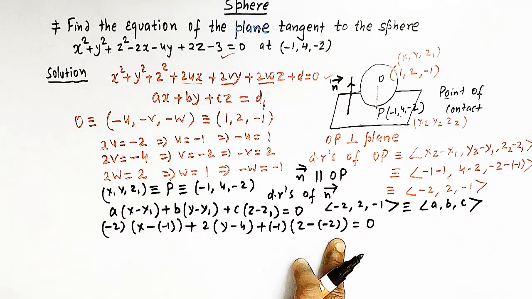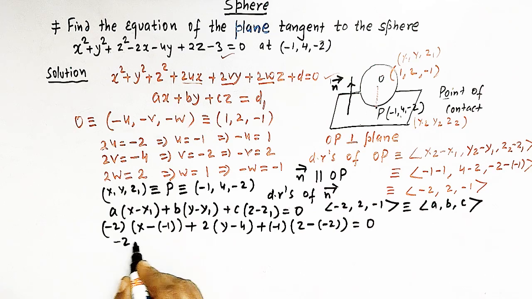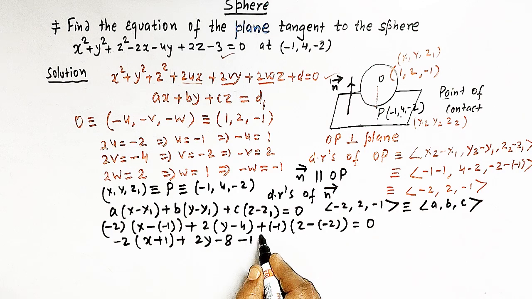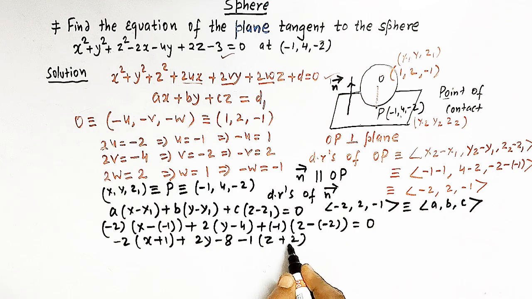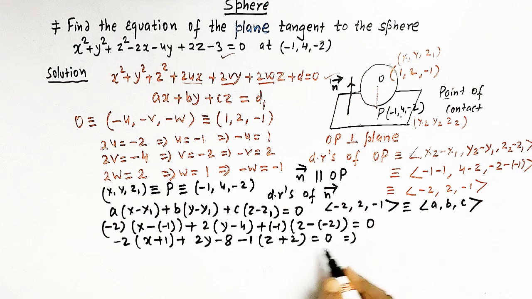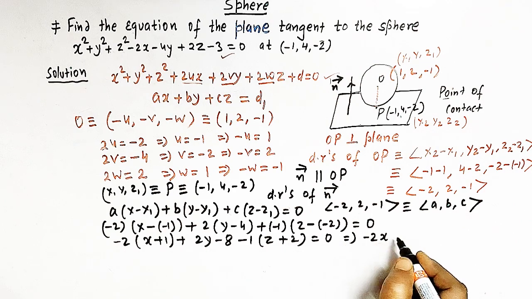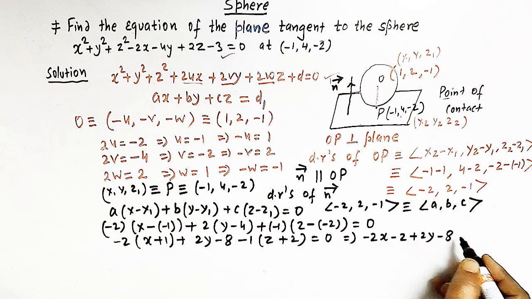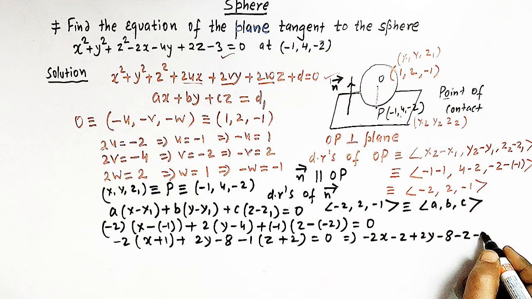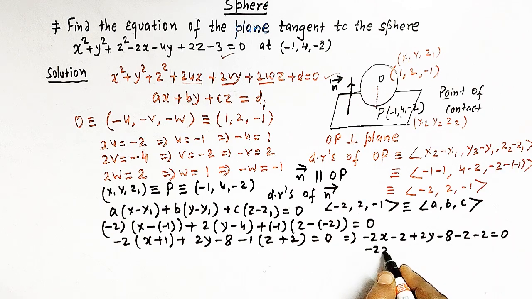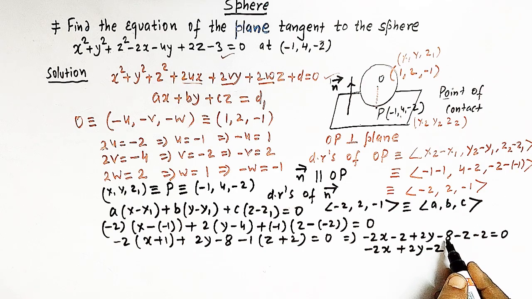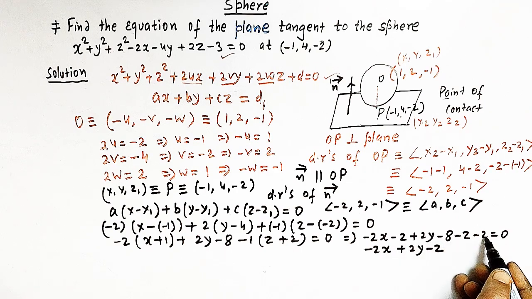So now we can simplify this equation. So we have minus 2, this is x plus 1. Here we have 2y minus 8, and this is minus 1, and z plus 2 is equal to 0. So from here we can now write minus 2x, then we have minus 2 plus 2y minus 8, and then we have minus z minus 2 is equal to 0. So this is minus 2x plus 2y minus z, and this is minus 2 minus 8 minus 2.